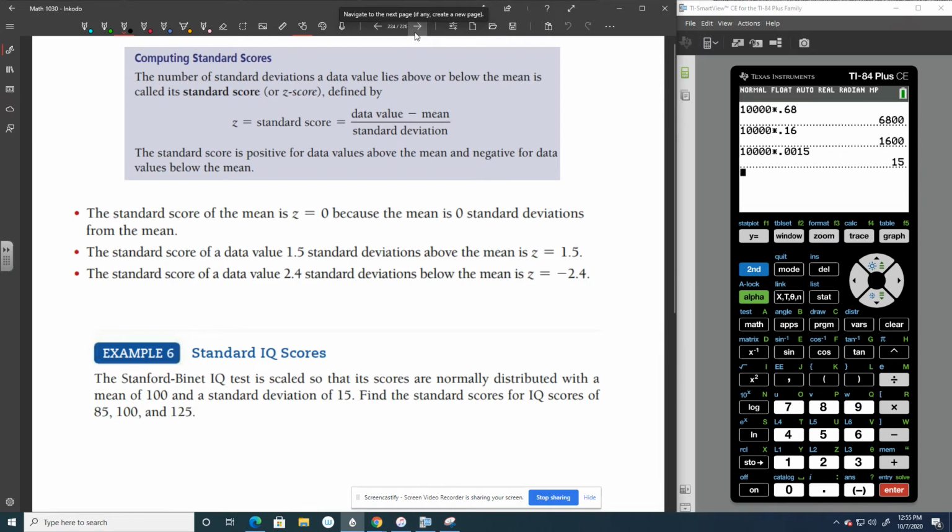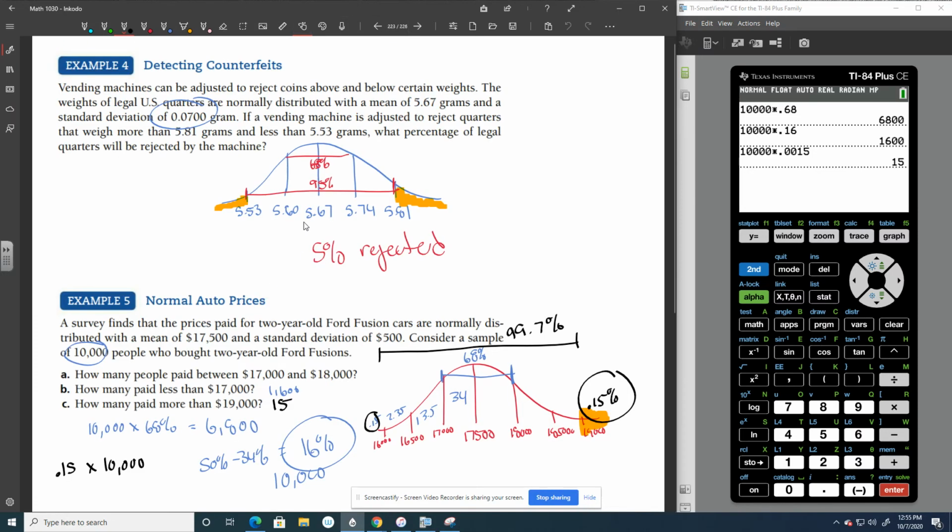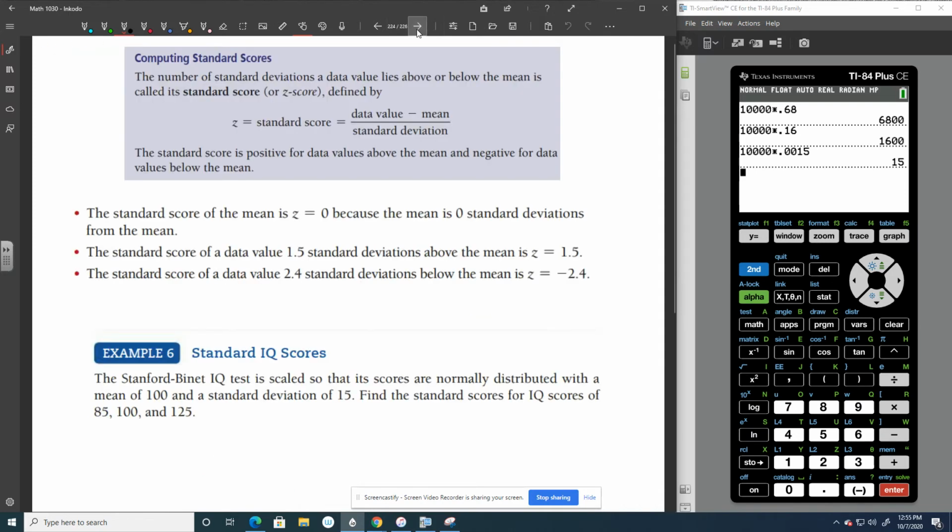Standard scores. A standard score is the number of standard deviations that a data value lies above or below the mean. So far, we've just been using 1 standard deviation, 2 standard deviations, 3 standard deviations, right? But the truth is, a lot of values aren't exactly 1 or 2 standard deviations away.